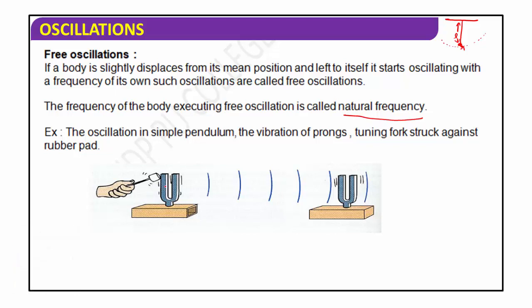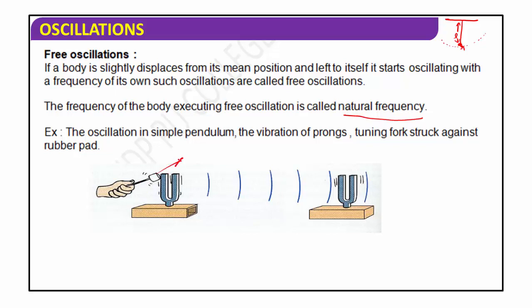Tuning fork, here it produces different kinds of sound waves with different frequencies. It depends on the forces applied on that body. When this fork is rubbed with this pad, the sound waves are produced.